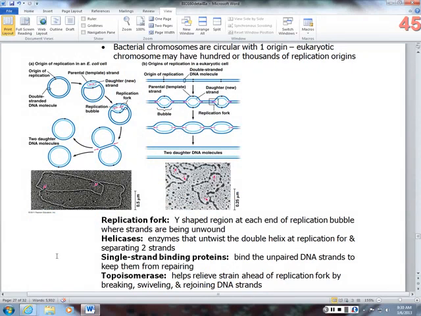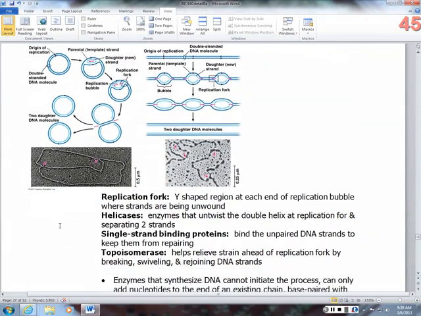So the replication fork is going to be the Y-shaped region. So you have kind of a Y shape here where this is spreading. So you can see it makes a Y at the end of the replication bubble where it's being unwound. So everything gets to have enzymes that control it.